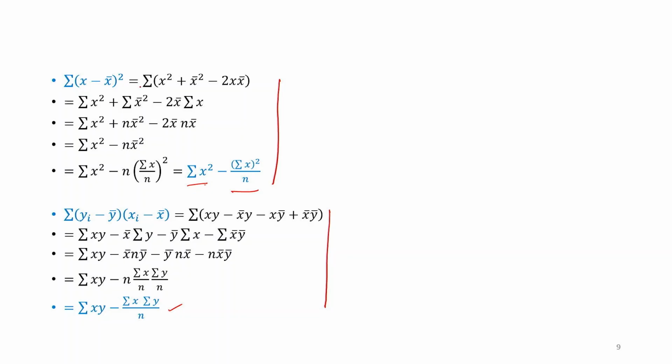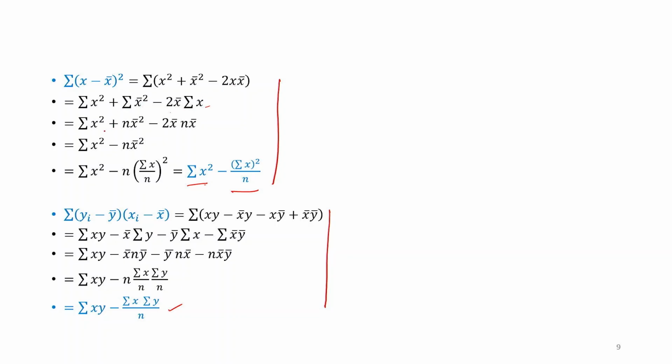Take sigma xi minus x bar whole square. Within the bracket it is the a minus b whole square formula, so that is what you apply. Then you expand the bracket: it is sigma x square, plus sigma x bar square, and minus 2x bar into sigma x.